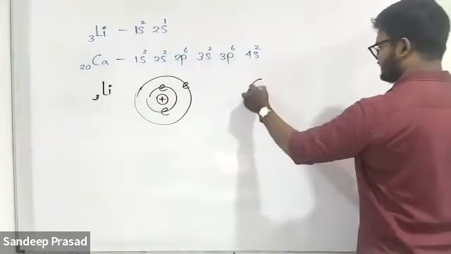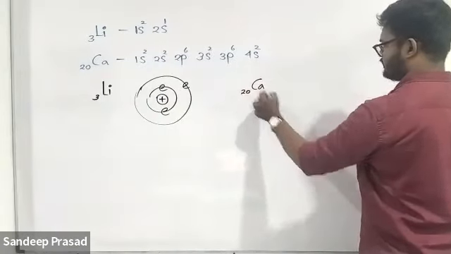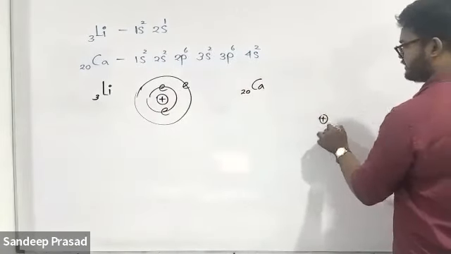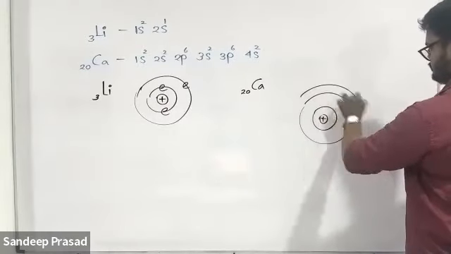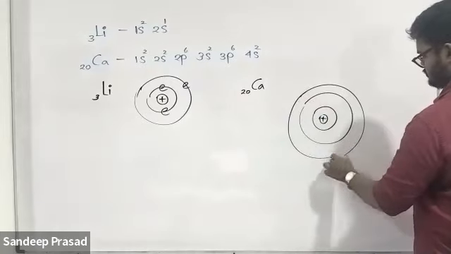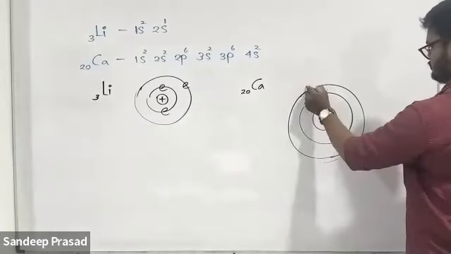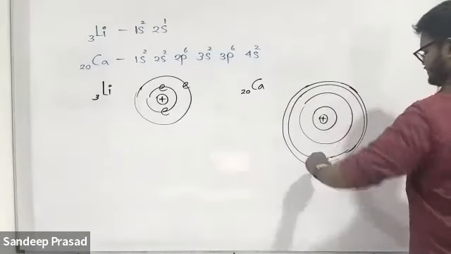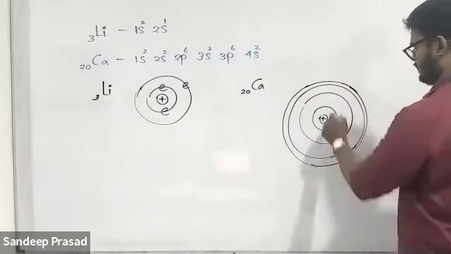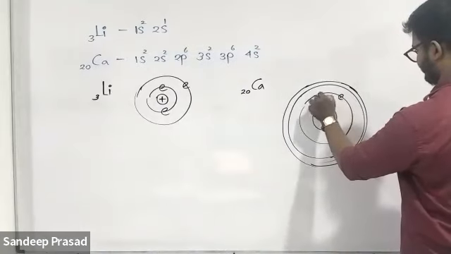When you consider calcium, calcium is 20. Look at this one. There are 4 principal energy levels, right? Here there are 2 electrons, and here we have 8 electrons.